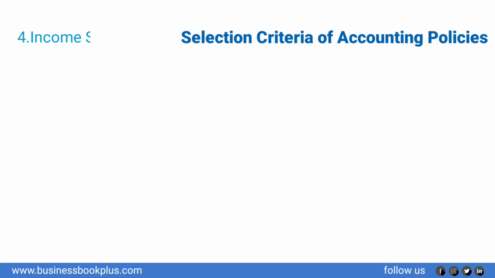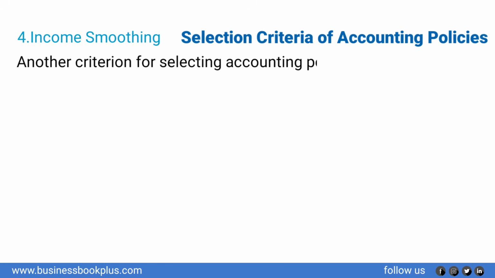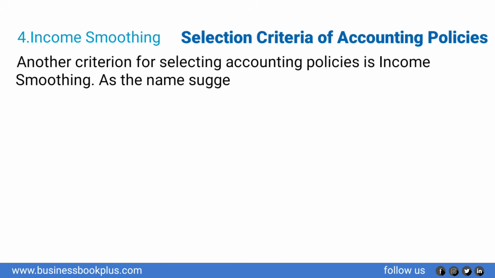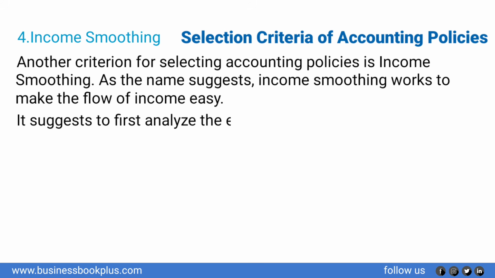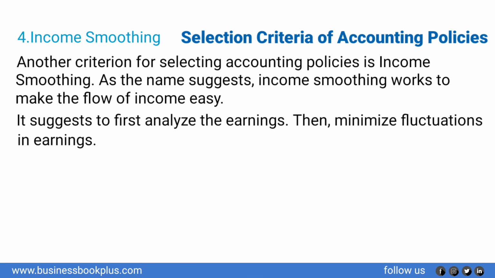Number 4. Income smoothing. Another criterion for selecting accounting policies is income smoothing. As the name suggests, income smoothing works to make the flow of income easy. It suggests to first analyze the earnings, then minimize fluctuations in earnings.